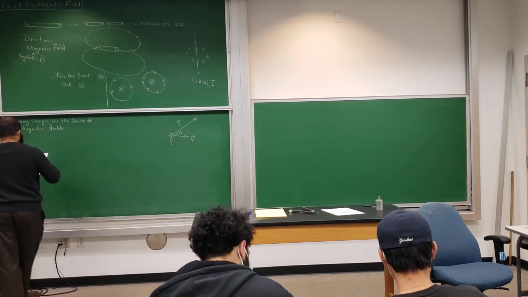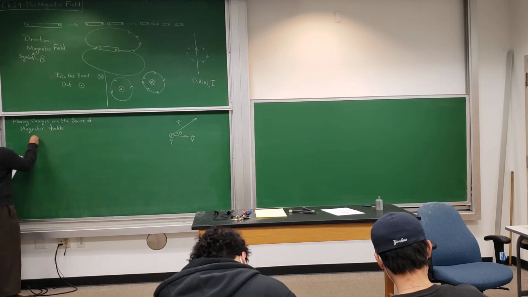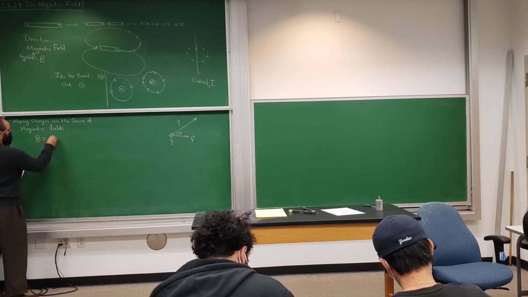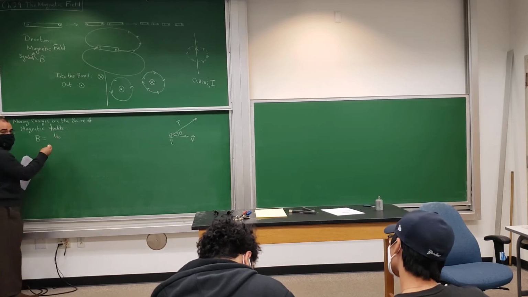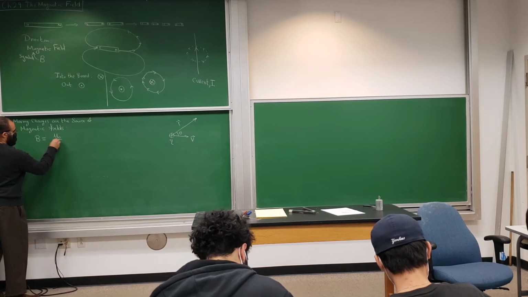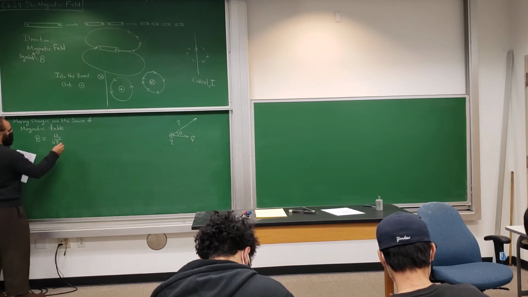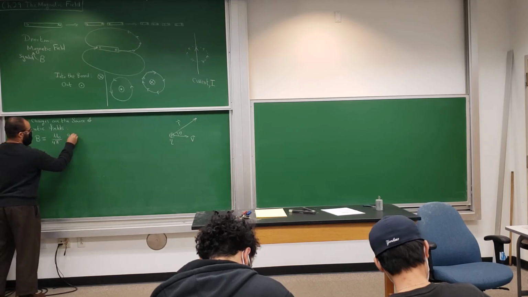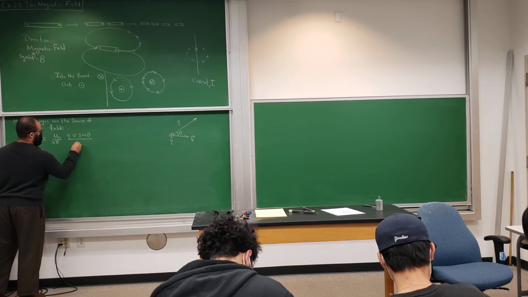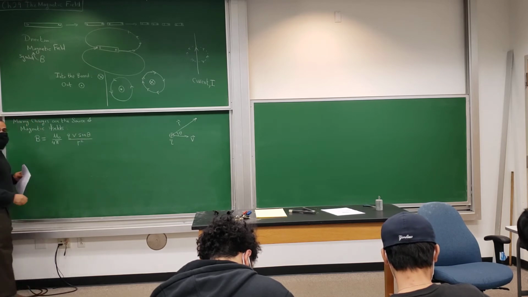So the magnetic field B will have this magnitude: mu naught over 4 pi, times Q times V times the sine of theta, over R squared.